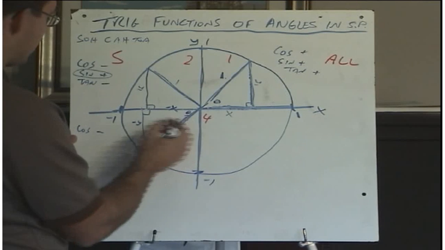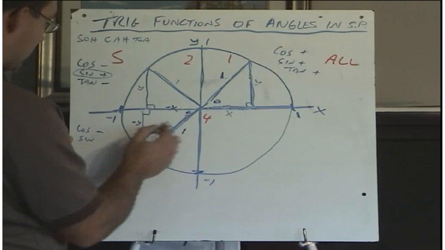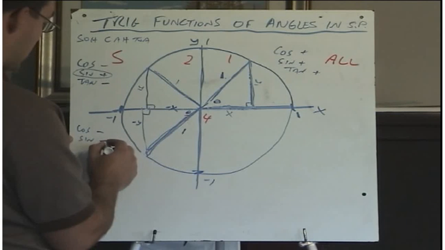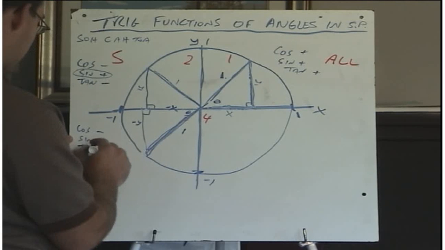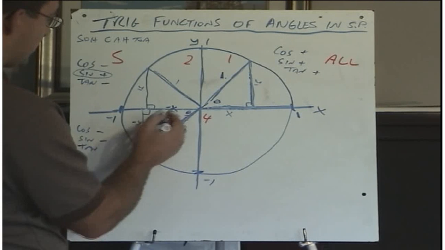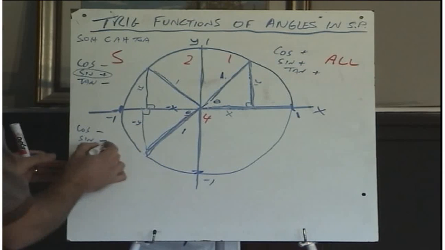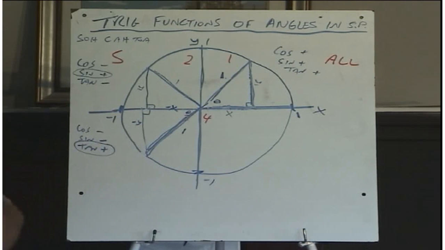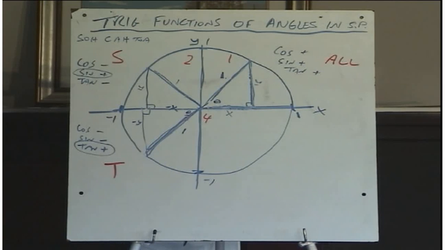Cosine is negative. Sine, opposite over hypotenuse, is negative, but tangent, opposite over adjacent, a negative divided by a negative makes a positive. So in quadrant 3, tan is the only ratio that will end up being positive.